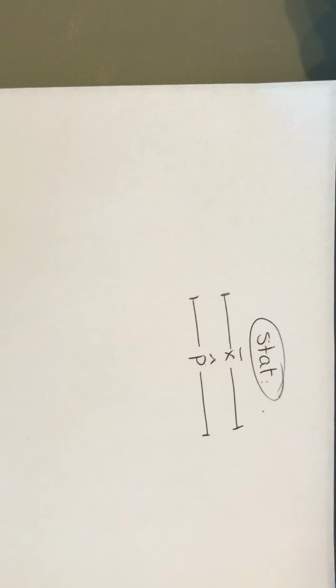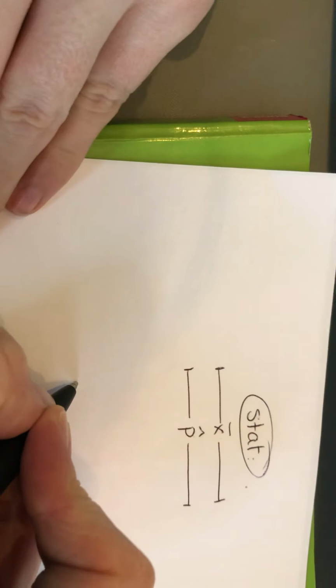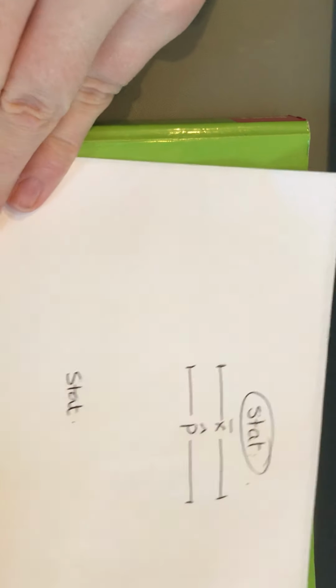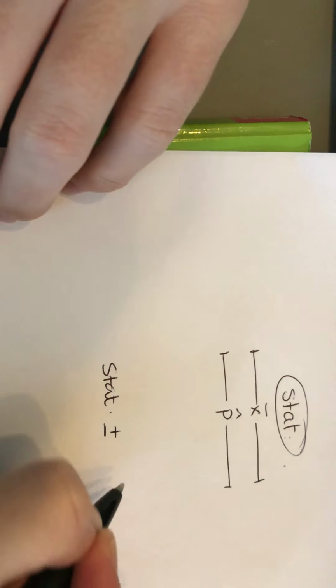So we know we're not going to be correct 100% of the time. So what we're going to do is create a confidence interval. And so we're going to use our statistic. We're going to add and subtract a little bit.